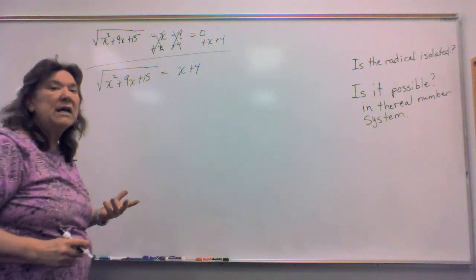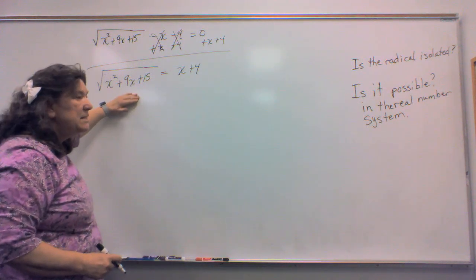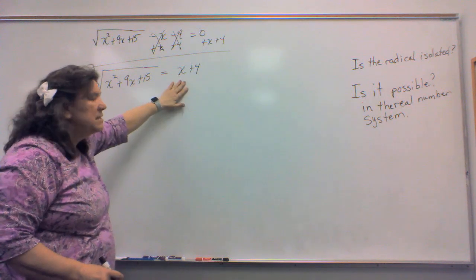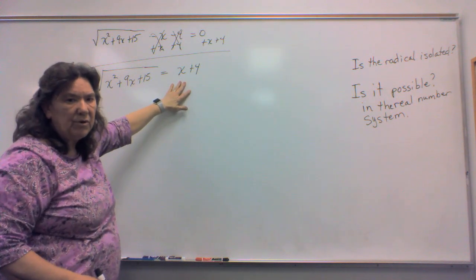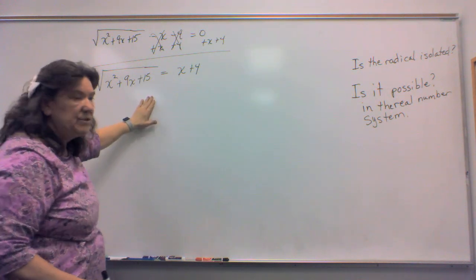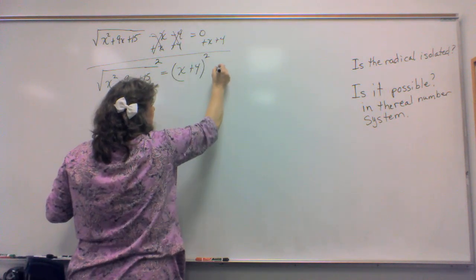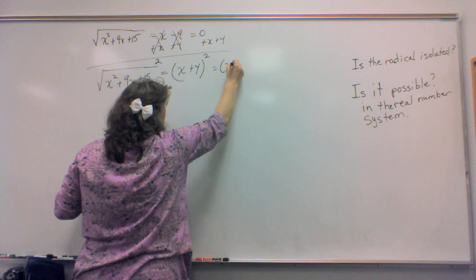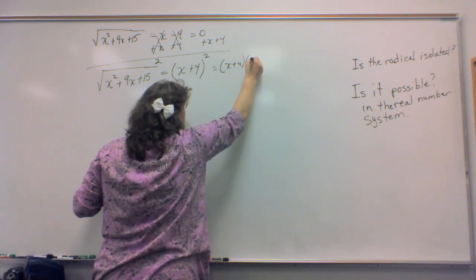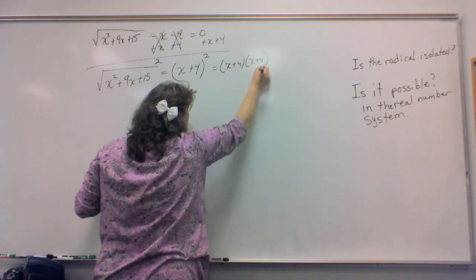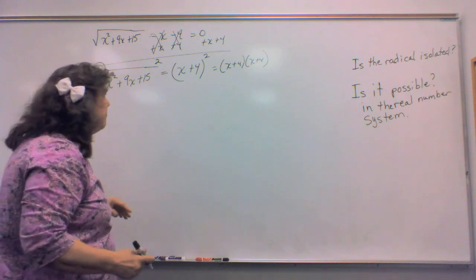Now just like in the last problem, now it's isolated and it's possible, because I don't have a negative number over here, I'm going to square both sides. And again, this is going to require you to actually do this polynomial multiplication, which will require foiling.